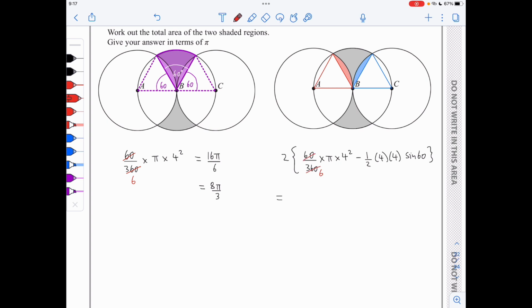So this is 2 brackets 16 pi over 6. Now 4 times 4 is 16, over 2 is 8. So it's minus 8, and sine of 60 is root 3 over 2. So this is 2 brackets 8 pi over 3 minus 4 root 3.